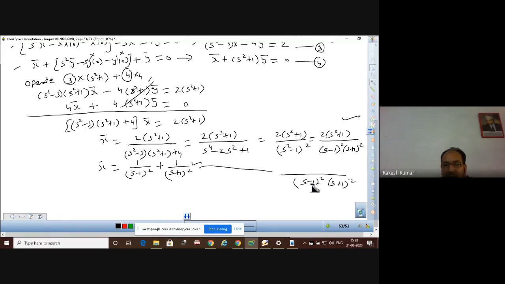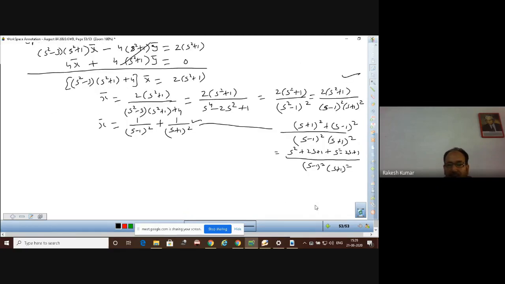The denominator is (s + 1)² (s - 1)², and the numerator is (s + 1)² plus (s - 1)². Only the numerator needs checking: s² + 2s + 1 plus s² - 2s + 1. So it is clear now. The 2s terms cancel, the remaining numerator is 2(s² + 1), and the denominator remains the same.